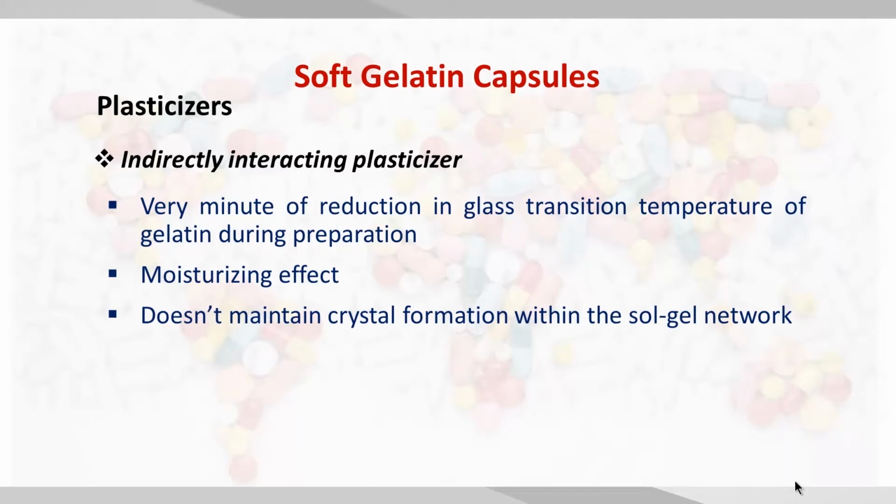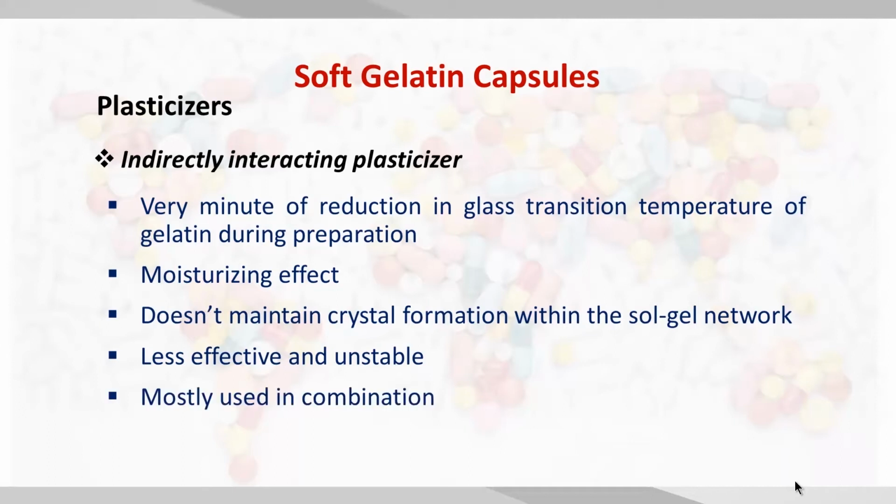It does not maintain the crystal formation within the sol gel network. It is less effective and unstable in comparison with the directly interacting plasticizers. These are mostly used in combination, for example, sorbitol and sorbitan combinations.